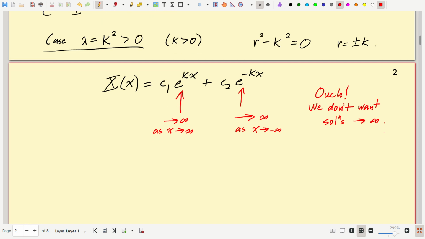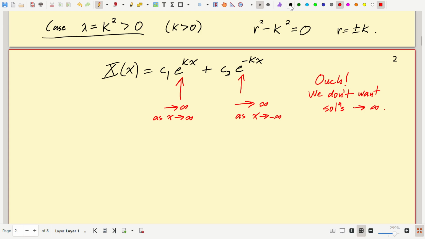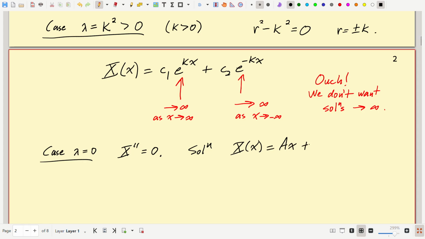And now let's think about the case lambda equals 0. That's pretty easy. Then the ODE is just X double prime equals 0. And the solution, you just integrate twice and you get X of x is ax plus b. And this one is the too hot one, too hot as x goes to infinity. But a constant solution wouldn't be so bad.